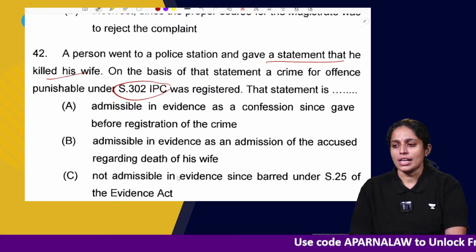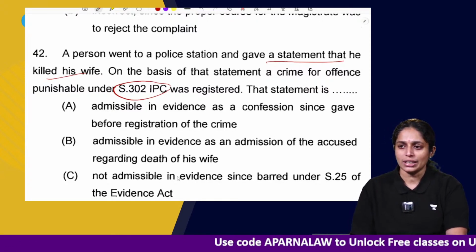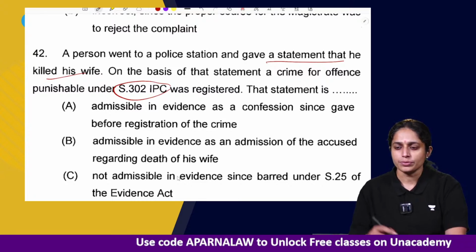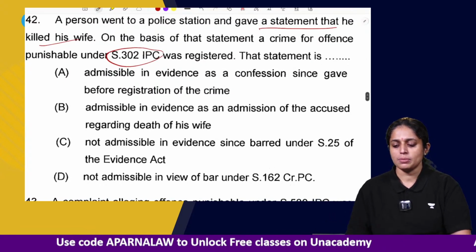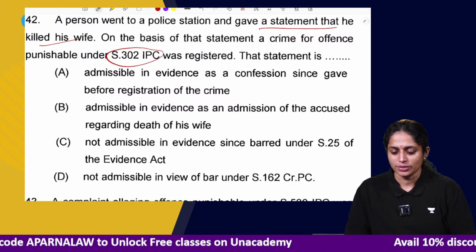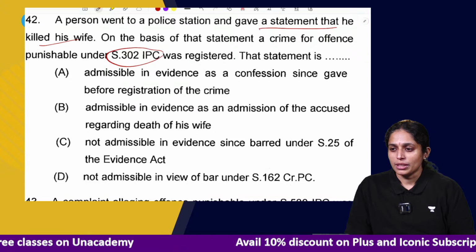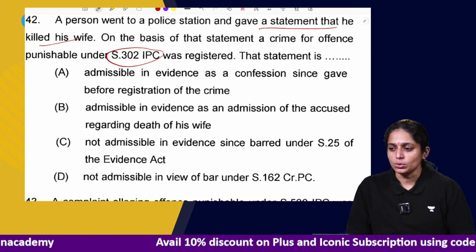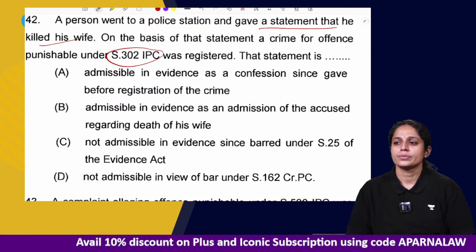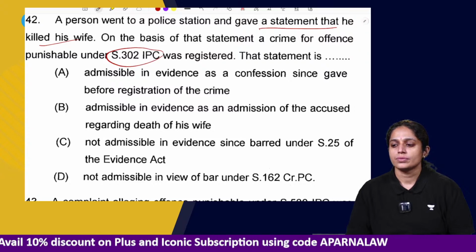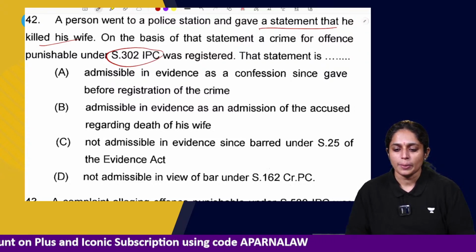B. Admissible in evidence as an admission of the accused regarding the death of his wife. C. Not admissible in evidence since barred under section 25 of the Evidence Act. And D. Not admissible in view of the bar under section 162 CRPC. What's the answer here?